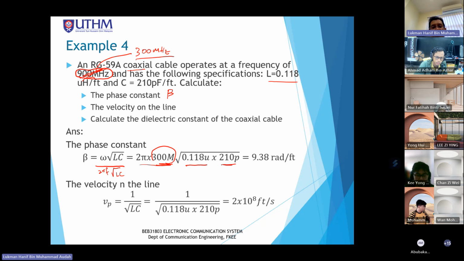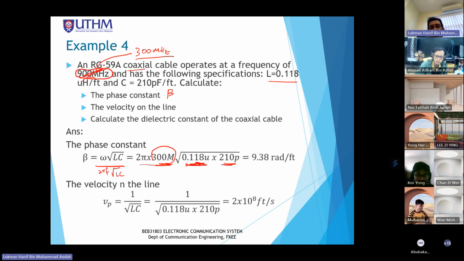Remember, in this example we use the length in terms of feet. Later in the exam we may give you in terms of meter. It doesn't matter, it's just a different ratio, and the answer will be the same. Since we use per feet, our answer should also be in terms of per feet, because we use microhenry per feet and picofarad per feet.